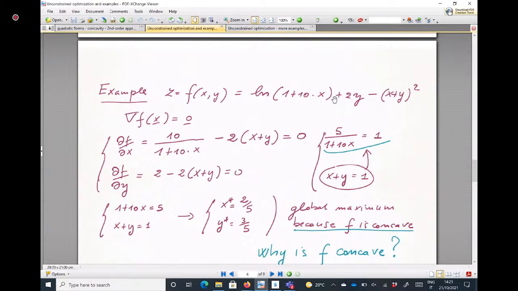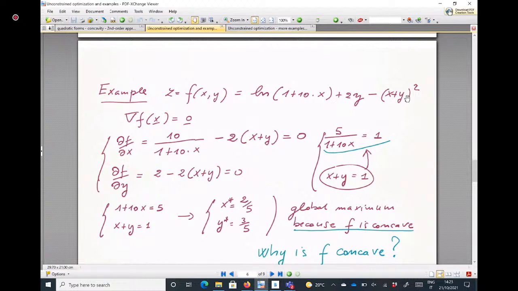Term by term, and then possibly we apply the result by which the sum of concave functions is a concave function, okay? Look at the first term. It is a function of only x. By the way, this is no longer an additively separable function in x and y. Why? Because in this term here, there is x squared plus y squared plus 2xy.